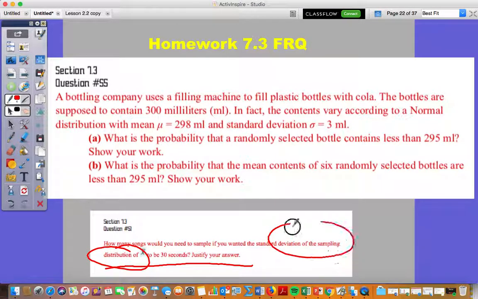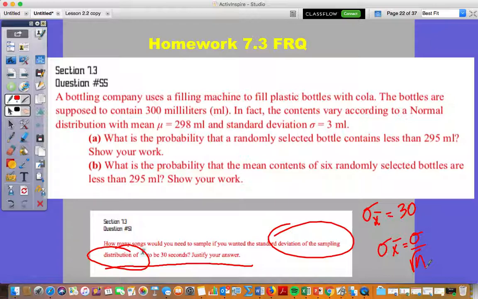It'd be sigma of X bar, okay? We want that to equal 30, yep. To plug that into the formula, sigma of X bar is equal to the true population sigma over square root of n, right?